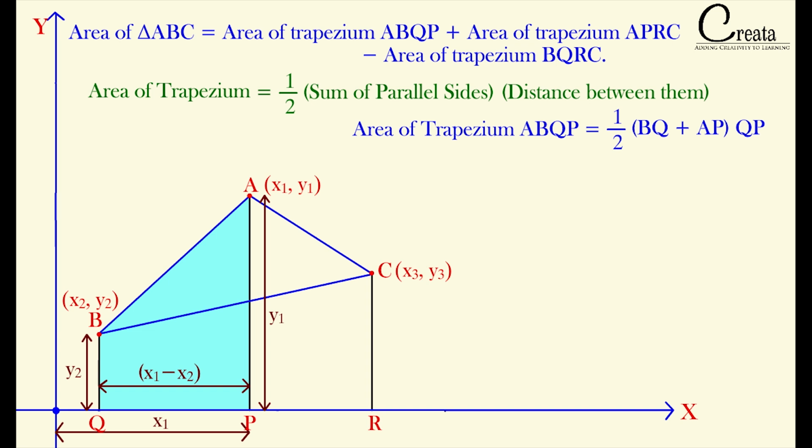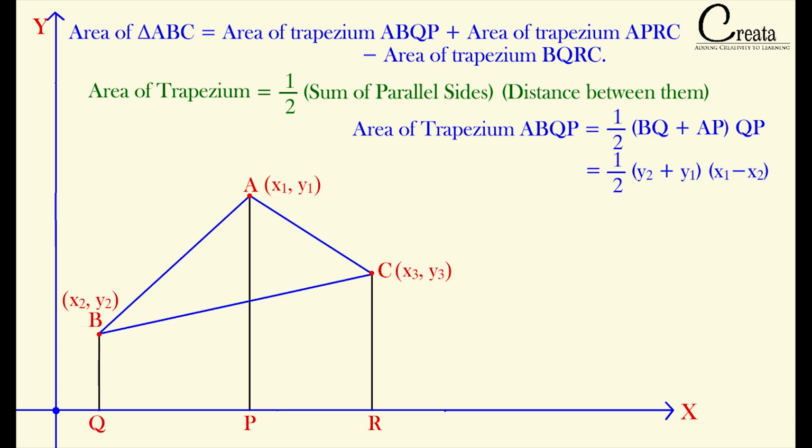This complete length is x1 and this is x2. The same fundamental we used in our previous lectures, with the help of the coordinates of the points on the x-axis and y-axis. So we got area of trapezium ABQP is equal to half into y2 plus y1 into x1 minus x2.